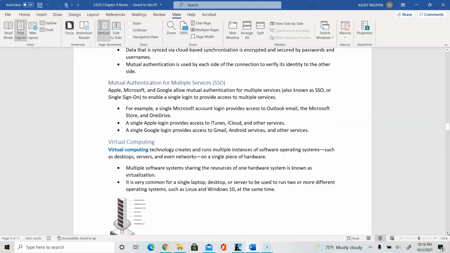Now, mutual authentication, when you're looking at cloud, a lot of companies implement what's called single sign-on, which is SSO. While it does have vulnerabilities, it creates convenience for the user. So Apple, Microsoft, Google, and many companies incorporate single sign-on.